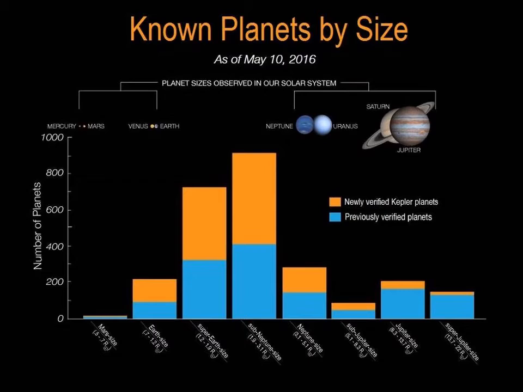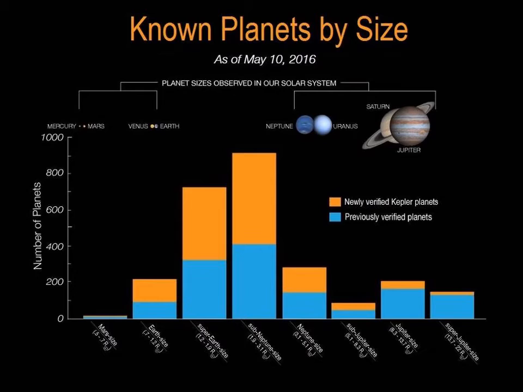I still think this could be a Malmquist bias sort of thing, that we are not seeing as many of the gas giants as probably are actually out there, partly because of the difficulty in finding them because they don't go by very often, and we're not seeing as many of the really small planets as are really out there, possibly because they are simply harder to find because they are dim.